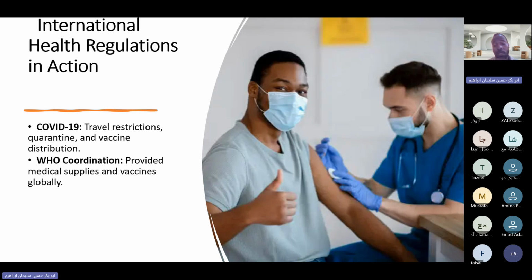Even in Sudan, they gave more than 10 million doses of vaccine, many types like AstraZeneca and Johnson & Johnson. There were many types of vaccine during COVID-19. Those supplies were provided by WHO or international agencies.